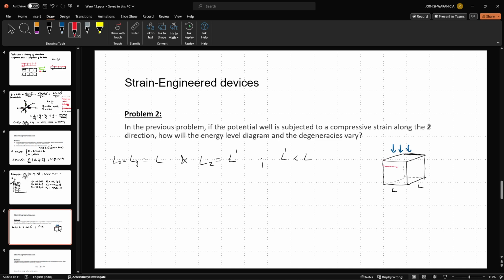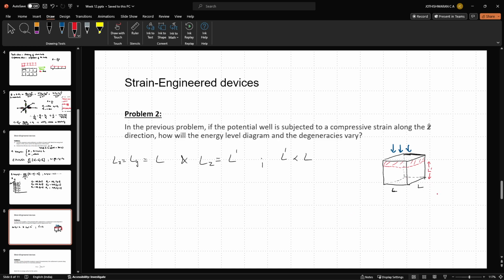So we are over here. This part is kind of gone. So now this is the effective length that we are supposed to consider, that is L prime. Okay, so there has been a compression.